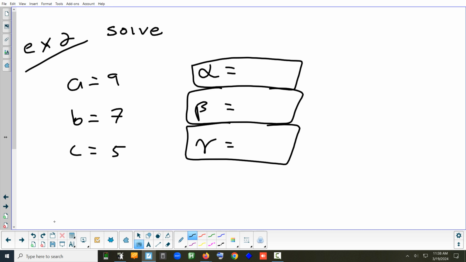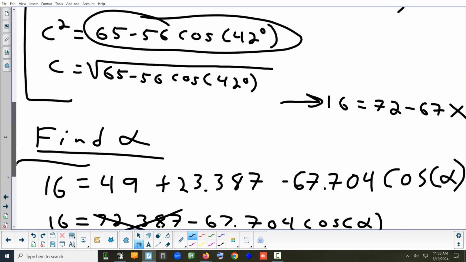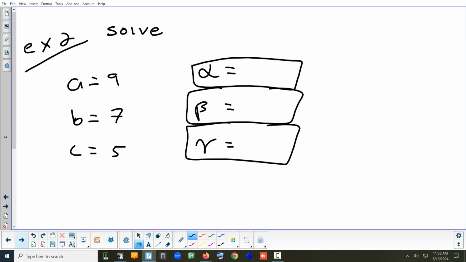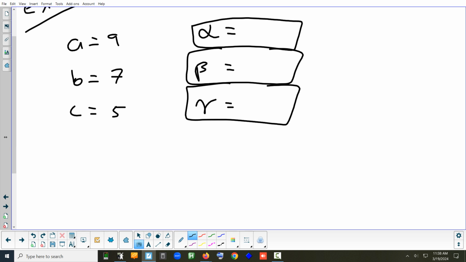Okay, so in side, side, side, you can find any angle you want first. Doesn't matter. Okay, we already did law of cosines with an alpha, so let's try it with either beta or gamma. Beta? Okay, so let's find beta.